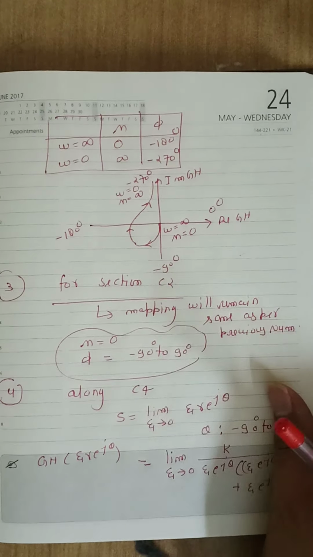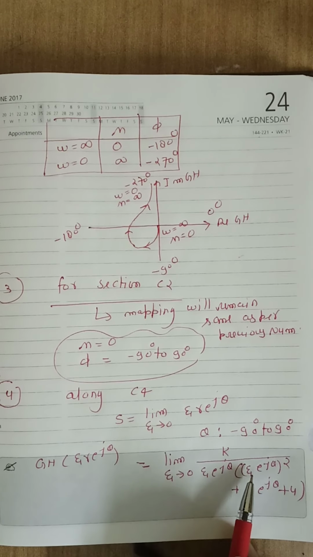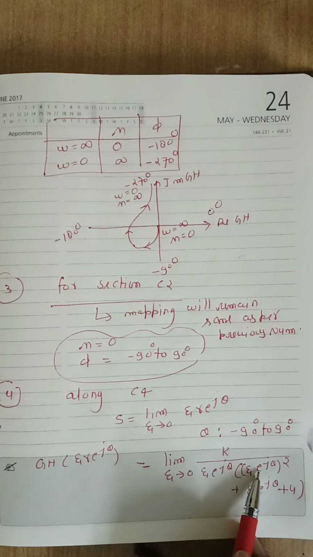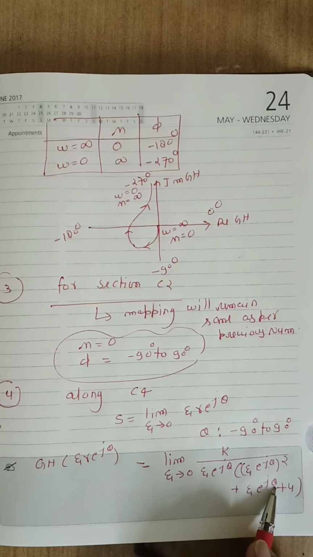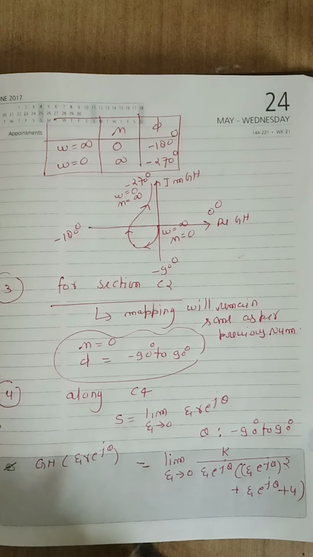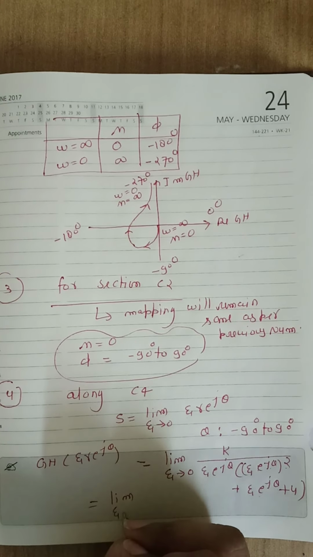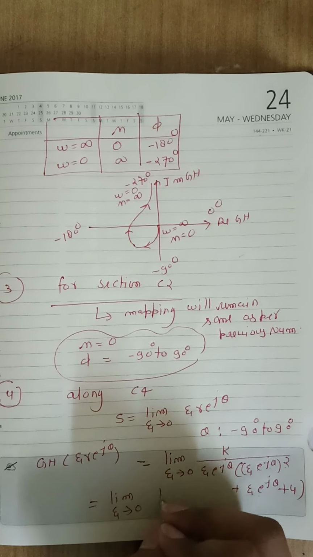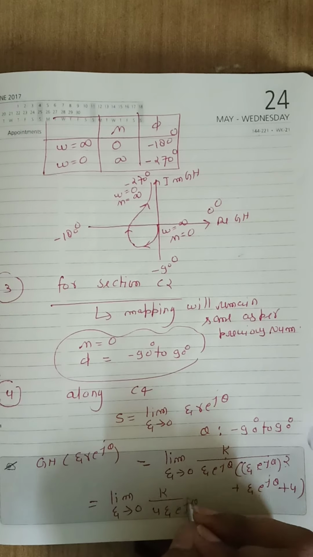So here you can neglect epsilon e to the power j theta squared and epsilon e to the power j theta as compared to 4, because here epsilon goes to 0. So we have limit epsilon tends to 0 of K divided by 4 epsilon e to the power j theta.